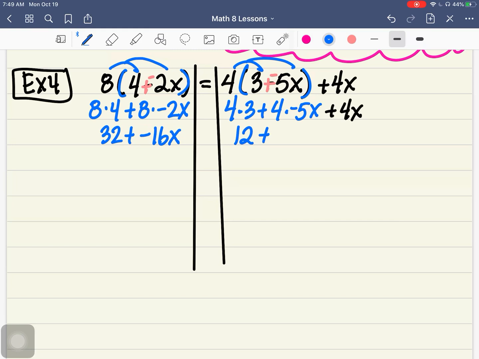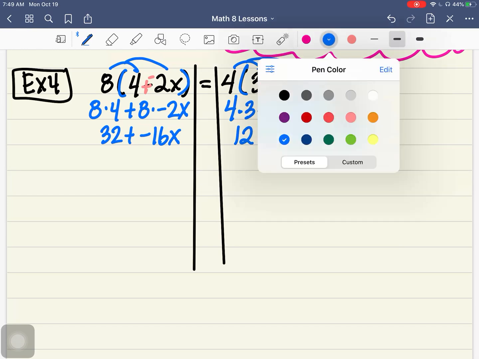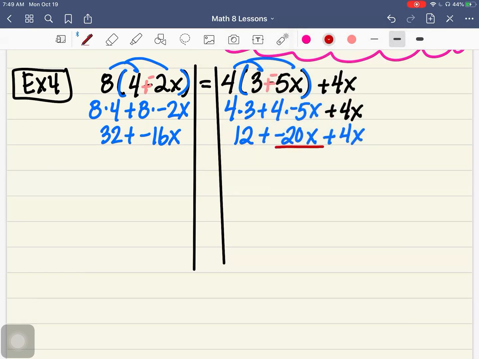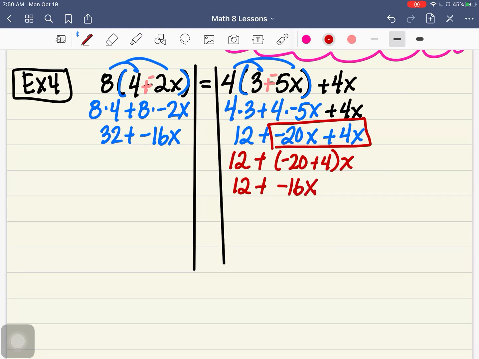This is 12 plus negative 20x plus the 4x. I see negative 20x and 4x together, so if I combine their coefficients, it's negative 20 plus 4. So I get 12 plus negative 16x.